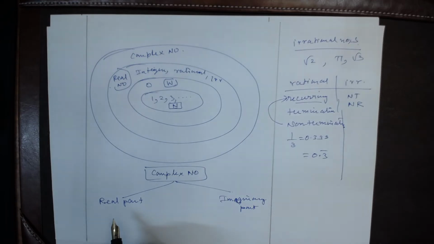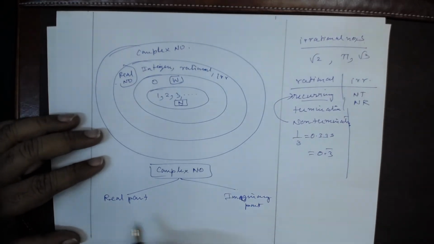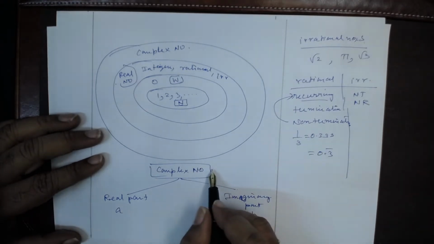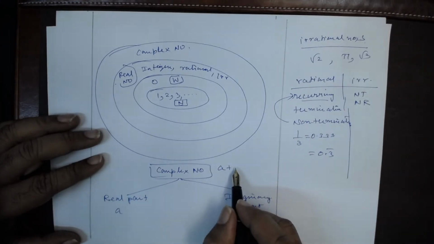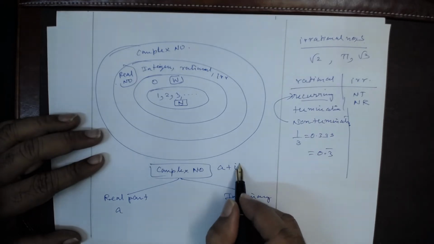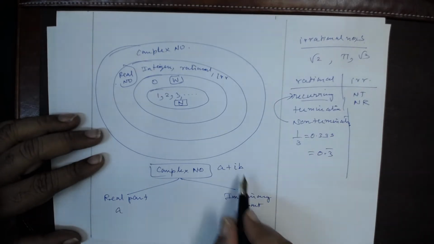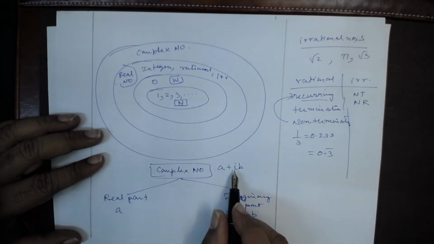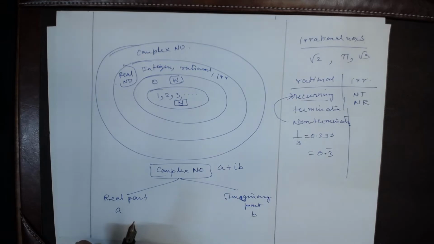The real part can be A and the imaginary part is B. So generally a complex number is represented as A plus IB, where A represents the real part, and B, that is associated with I, is called the imaginary part. Please make a note.